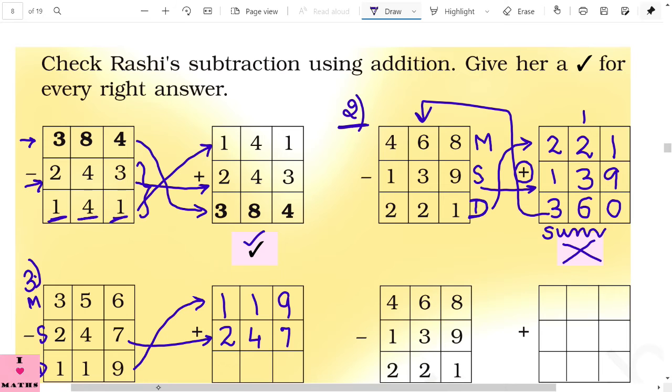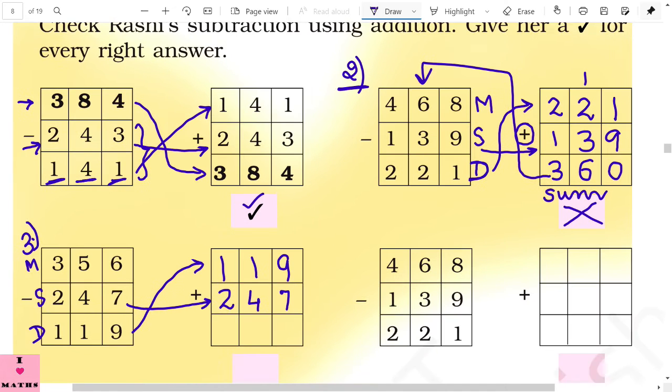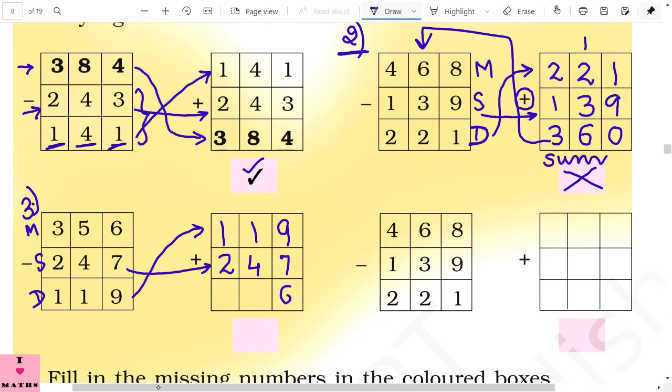Now I have to add these two numbers. 9 plus 7 is 16, 6 here and 1 carry over. 4 and 1, 5 and 1, 6. 2 and 1, 3. Now this answer does not match the minuend. So even this one is wrong.